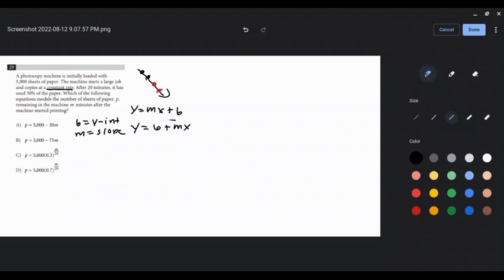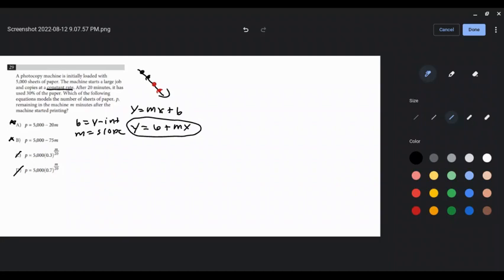And this equation here looks like A and B. However, it does not look like C and D, and that's because C and D are not linear equations. So therefore, as the equation has to be linear, we can eliminate C and D.